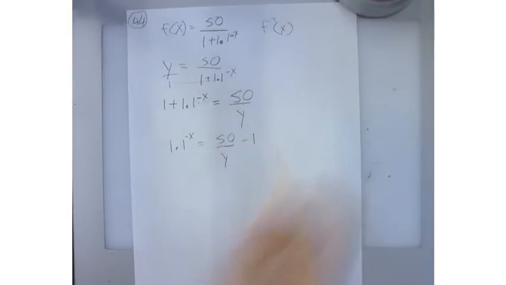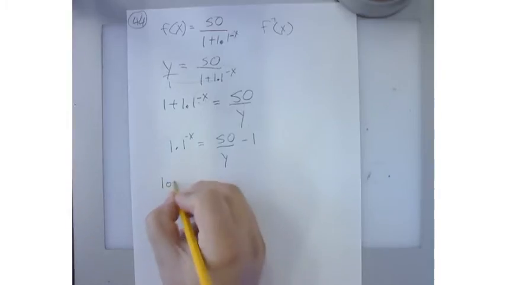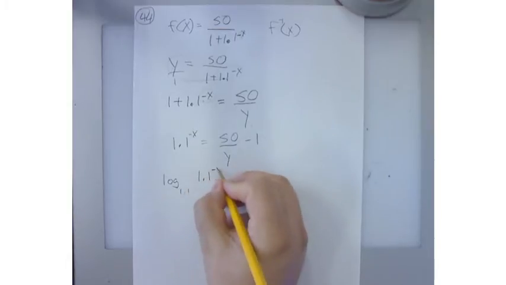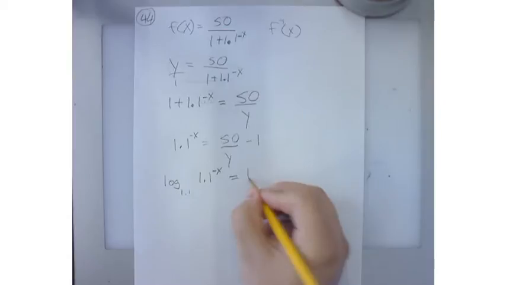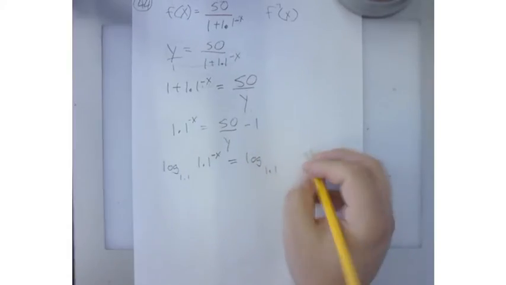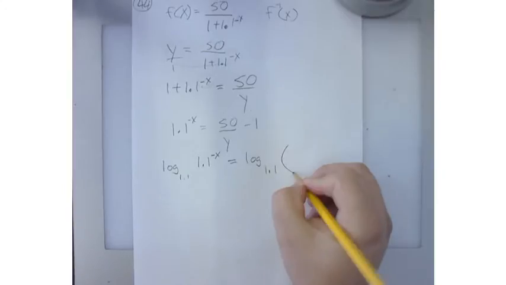And to pull that out, I need to take the log, because the log property will let me take it out. But if I choose the same base, I could cancel out the base as well. In other words, if I take the log base 1.1 of 1.1 to the negative x, and remember, whatever I do on one side, I have to do to the other, I'm going to get all this stuff here.